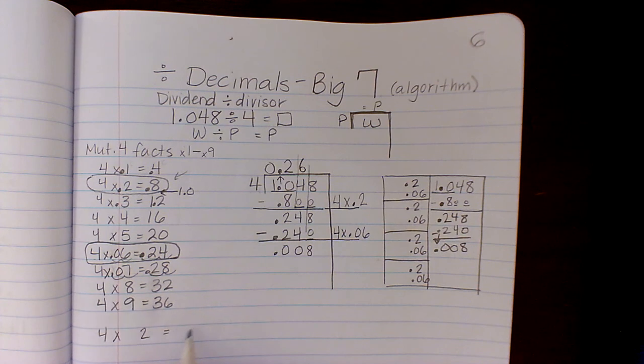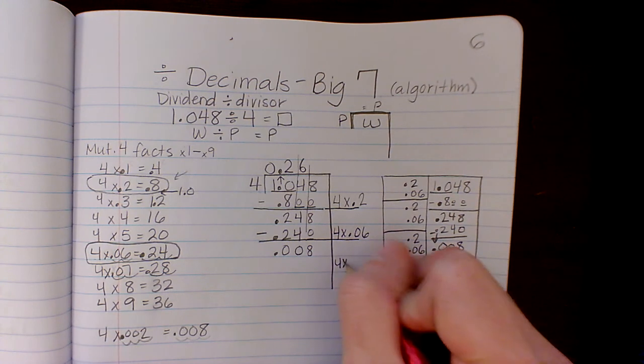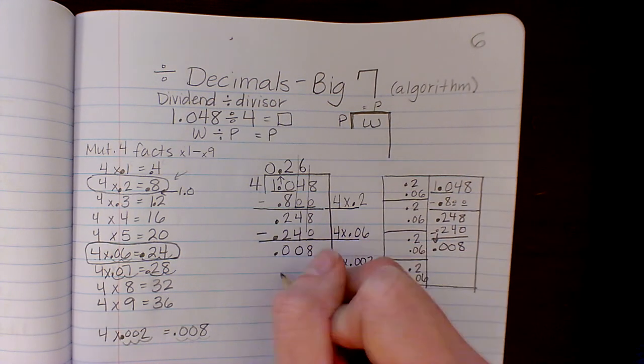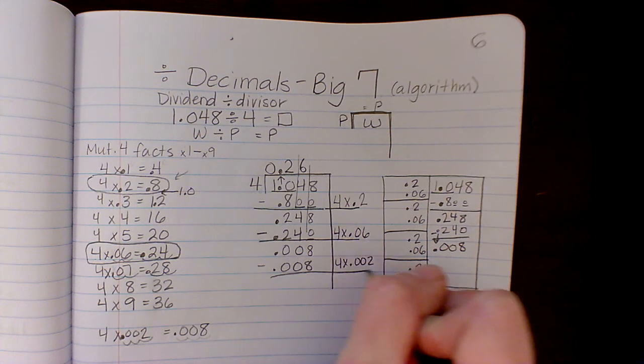So if I have 8 thousandths, that's 1, 2, 3. So I'm going to count 1, 2, 3. So that would be times 2 thousandths. So 4 groups of 2 thousandths would be 8 thousandths. So I'm putting into each group that other 2 thousandths.